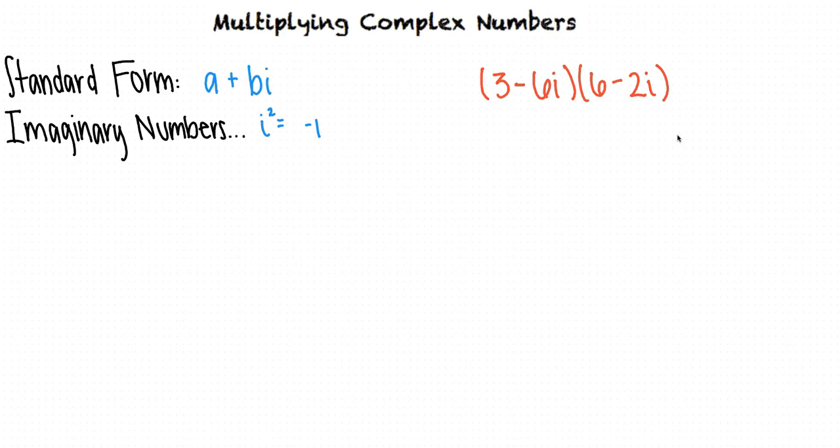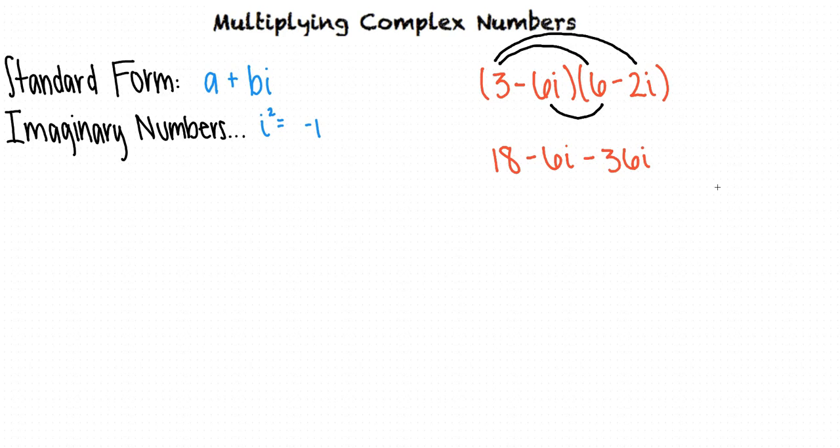Well, FOIL stands for first, outside, inside, and last. So if we multiply the first terms together, that's 3 times 6, which is 18. Then the outside terms would be 3 times -2i, which gives us -6i. Then the inside terms are -6i times 6, which would be -36i.